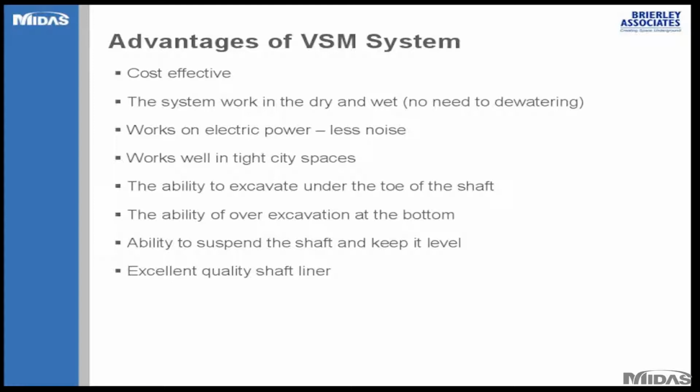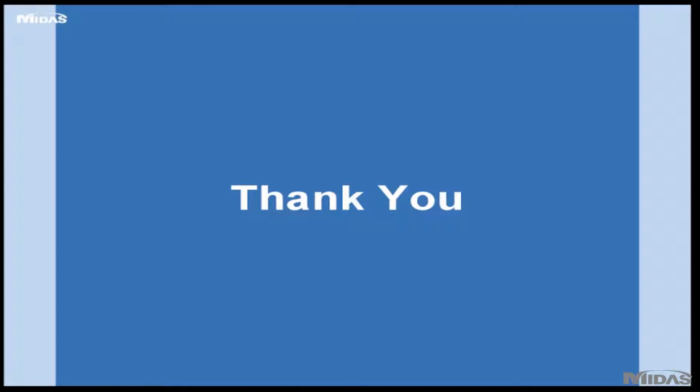You always end up with an excellent liner because this is a prefabricated unit, so you know what you are putting into the ground beforehand. Unlike other systems like secant pile or diaphragm wall, where you cannot really guarantee a good quality product at the end, here you are putting this liner in place and you know what you are getting at the very end.